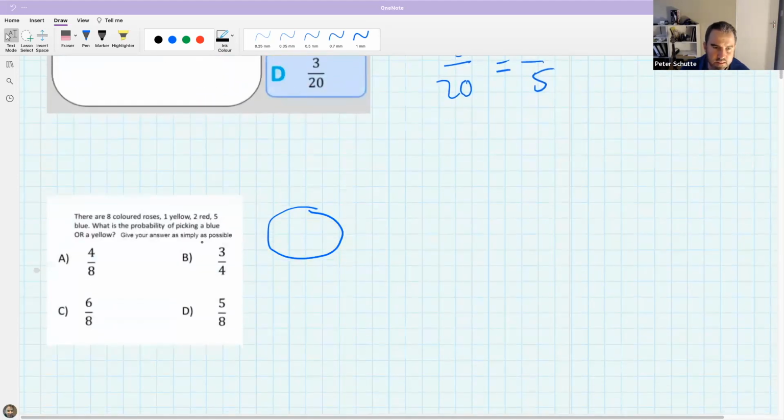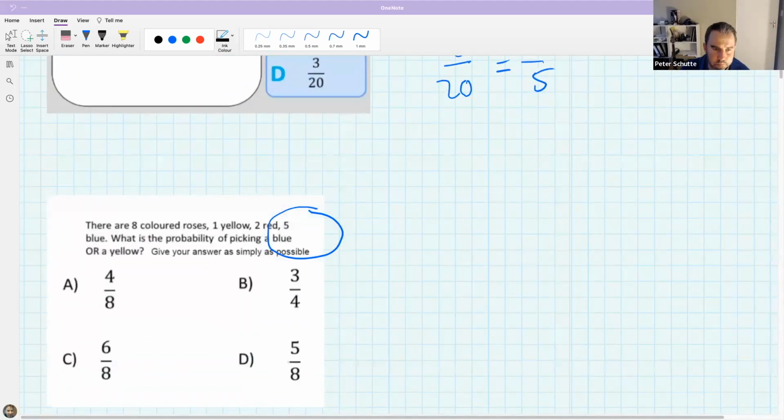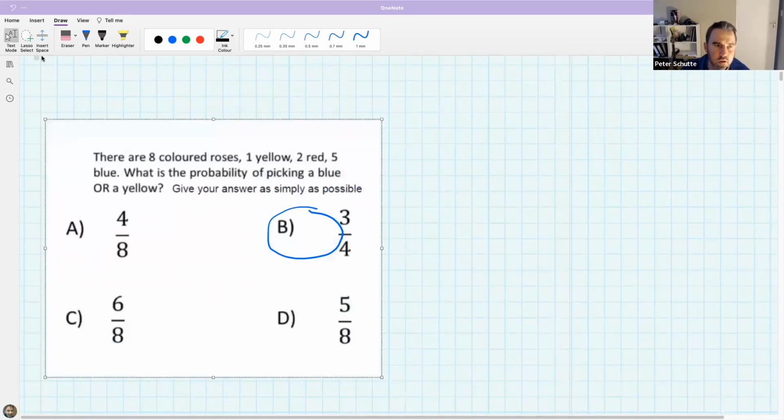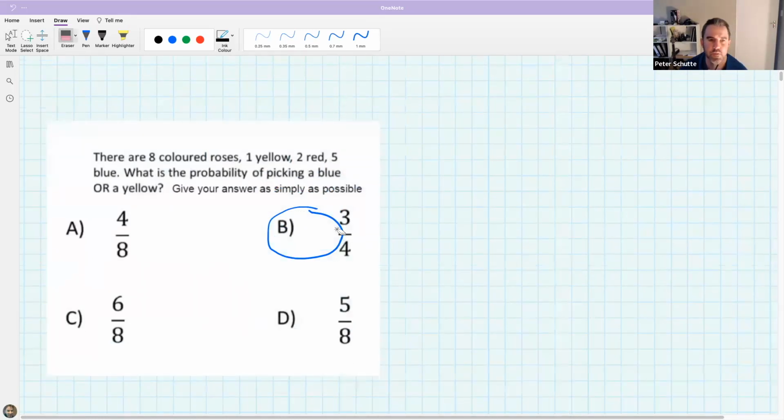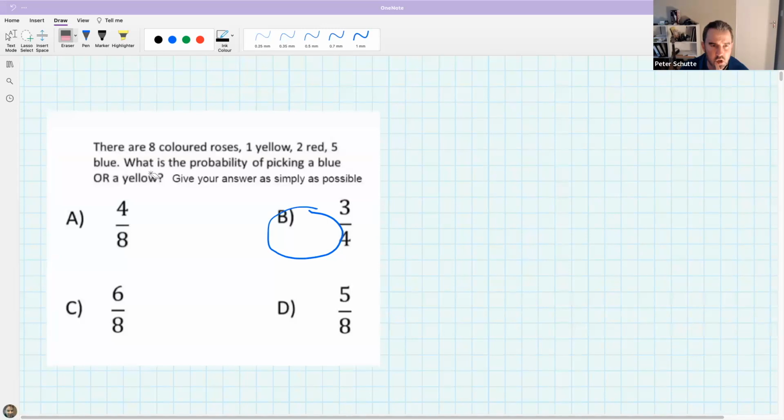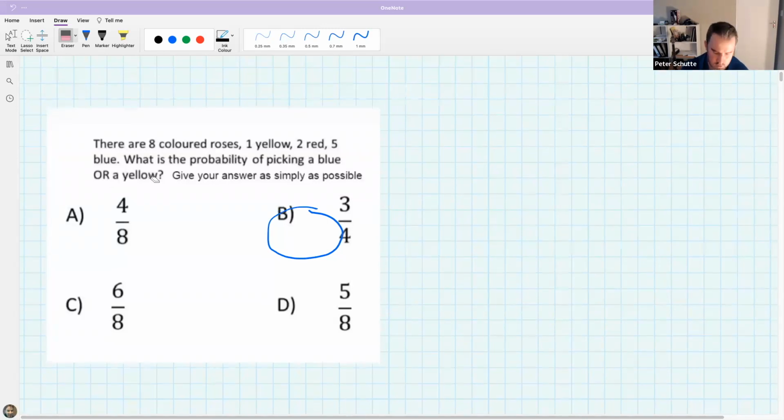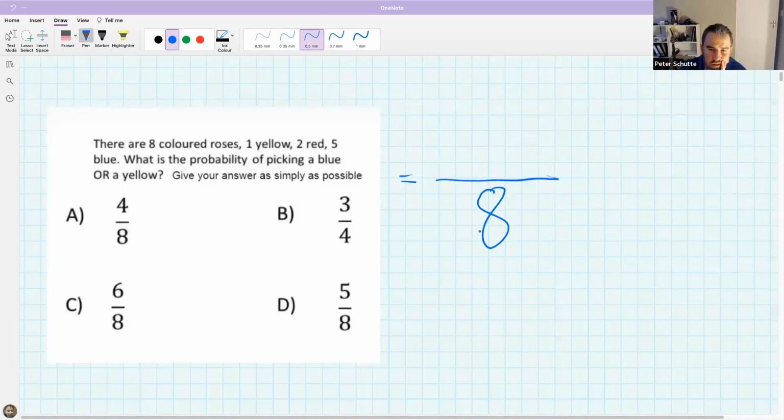Let's do another one, and then we can move on. What do we think is the correct answer for this one? There are 8 colored roses, made up of 1 yellow, 2 red, 5 blue.